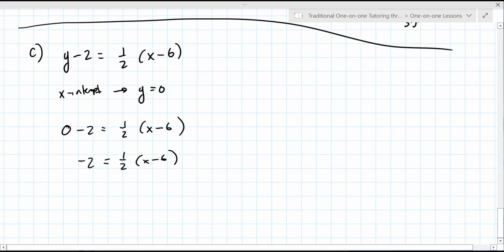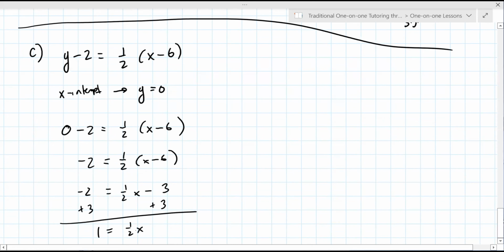Maybe I misunderstood. It's -2 on the left, but it's 1/2 times x minus 6. Yeah, so then that would be -2 equals 1/2 x minus 3. Yes. And then I put the 3 with the 2. You add 3 to both sides, so it's +1 equals 1/2 x.